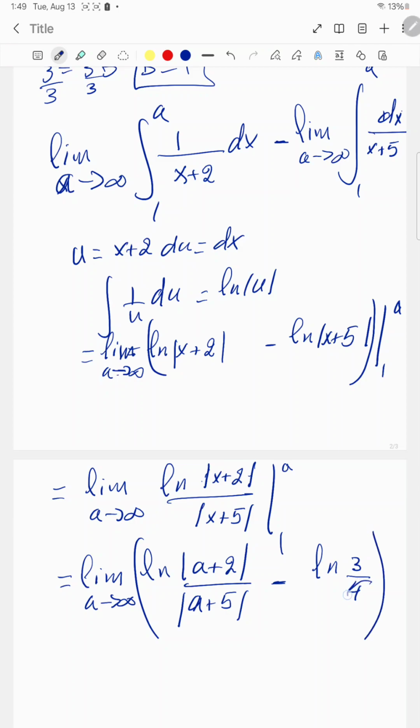Sorry, it's 3 divided by 6, which is 1/2. Let's put 1/2. Because if I replace a by 1 here, it becomes 6, and if I replace a by 1 here, it becomes 3.